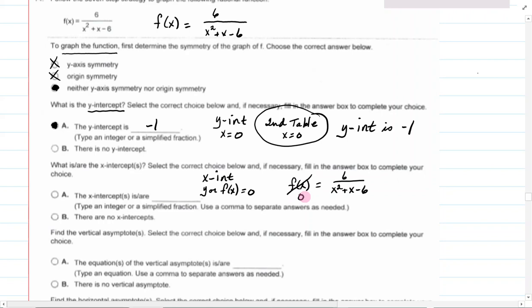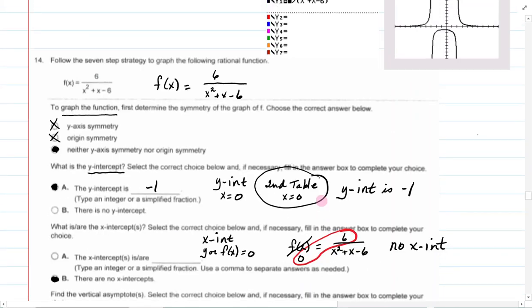A fraction is equal to 0 only if its numerator equals 0. Well, that numerator is the constant 6. It cannot equal 0, so there are no x-intercepts. We could have also determined that by looking at the graph.